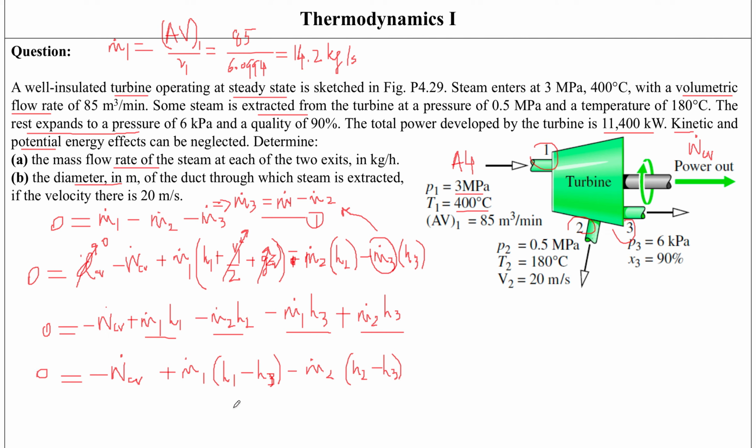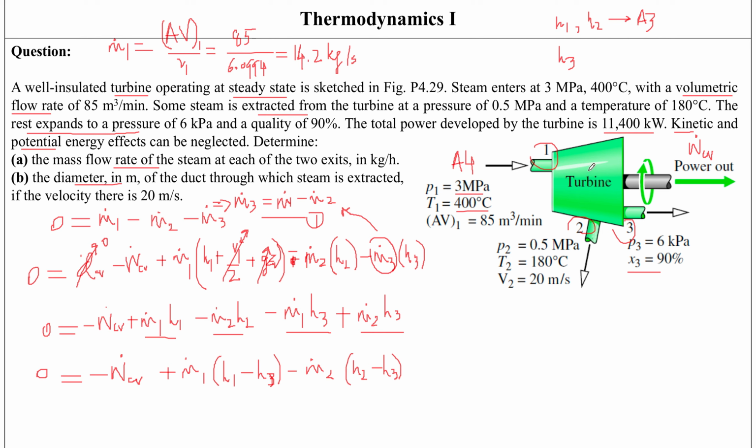So the information here for h1 and h2, you can find them out from the tables directly. Okay, just go to table A3, and you can find out h1 and h2 from table A3. But for h3, you need to be careful about it, because you've got quality already given to you, and that means that it is a mixture.